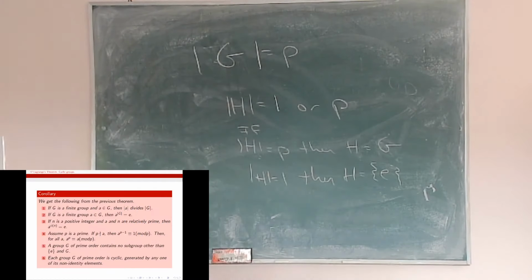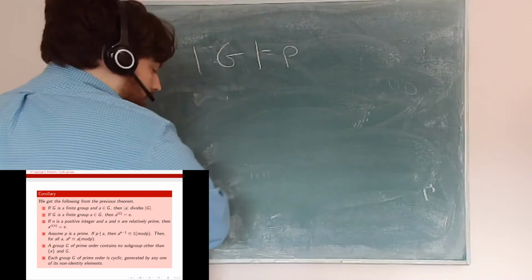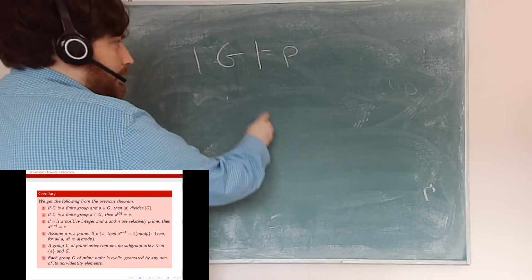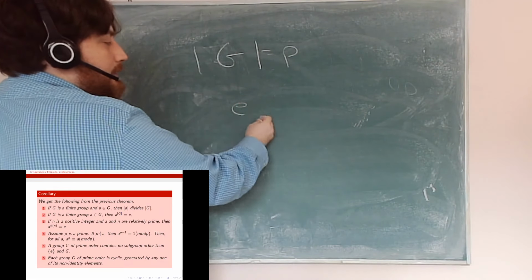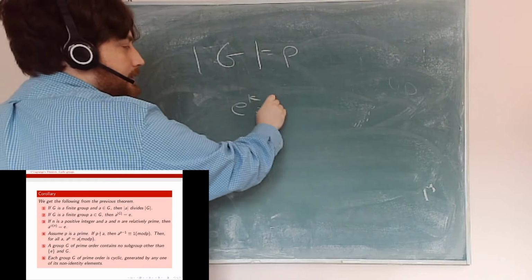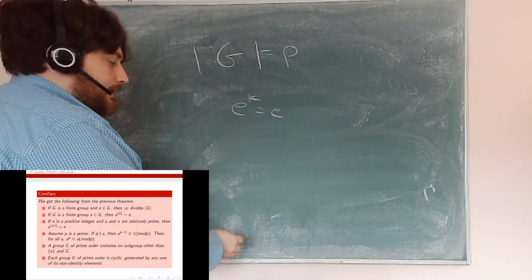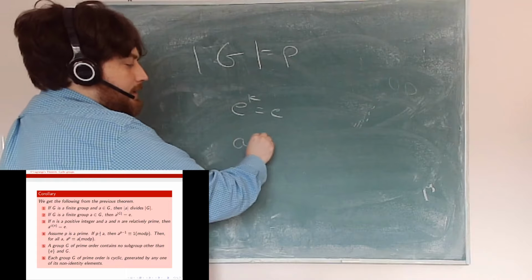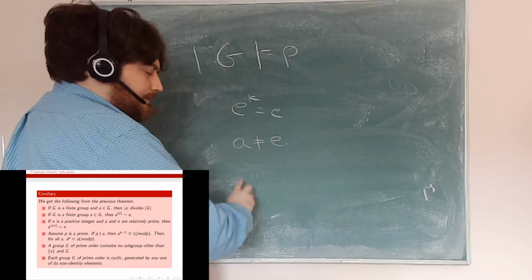So let's suppose that the order of the group G is p. If I have the identity element e, then e to anything is just e, and e to the p is e. Let's say a is not equal to the identity.